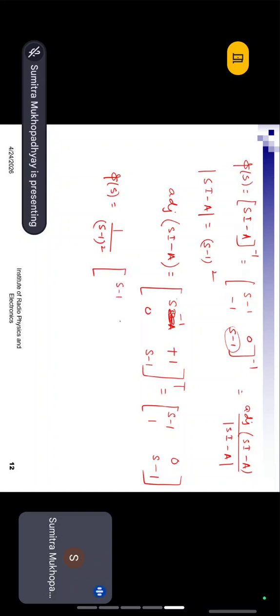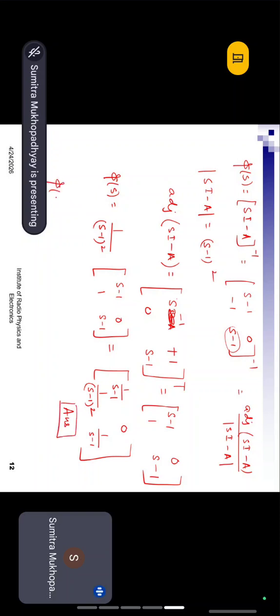That means phi(s) is 1 by S minus 1, 0, then 1 by (S minus 1) whole square and 1 by S minus 1. This is your answer, the result.